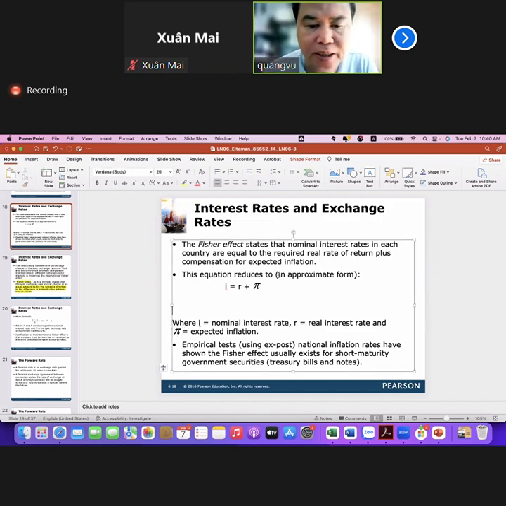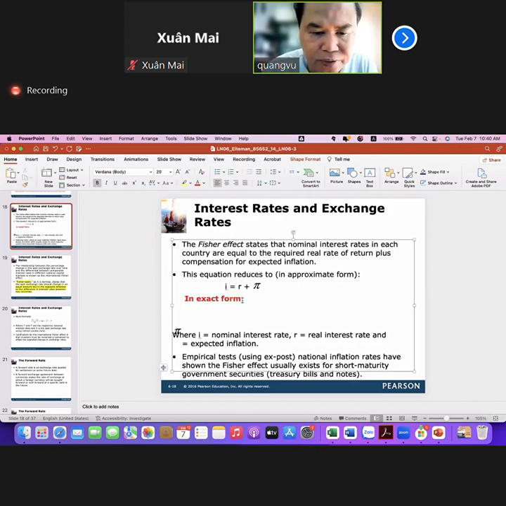Now, in exact form, not approximate, you have 1 plus the nominal rate exactly equal to 1 plus the real rate divided by 1 plus the inflation rate.